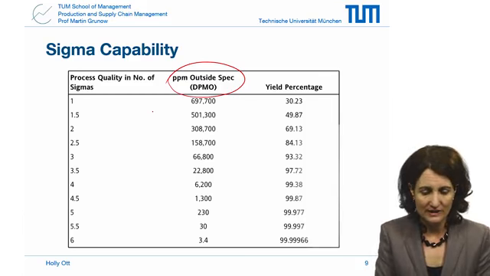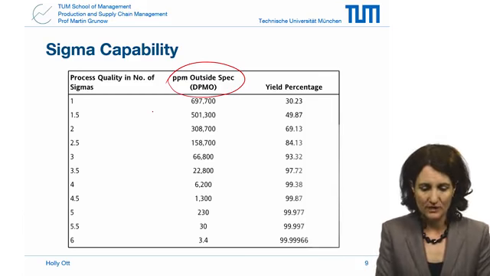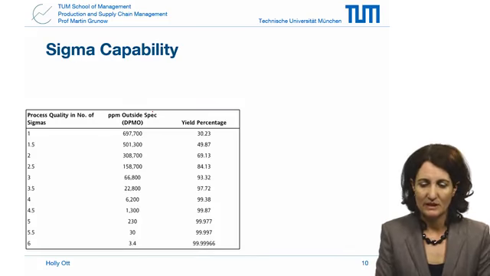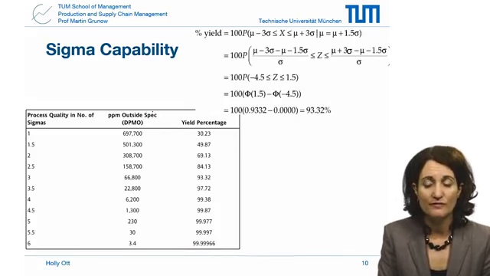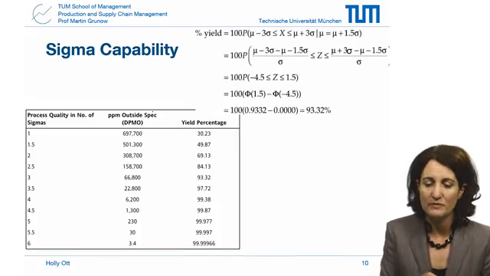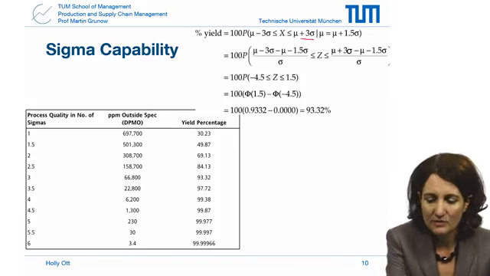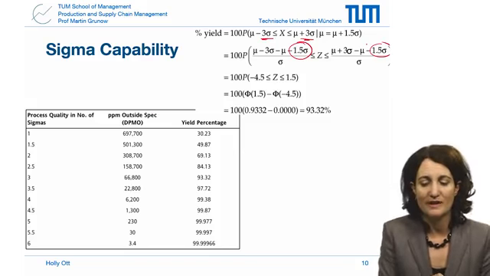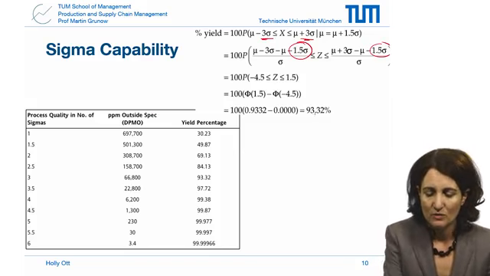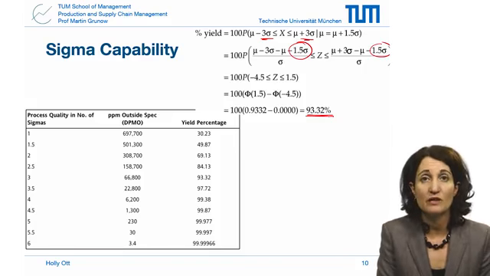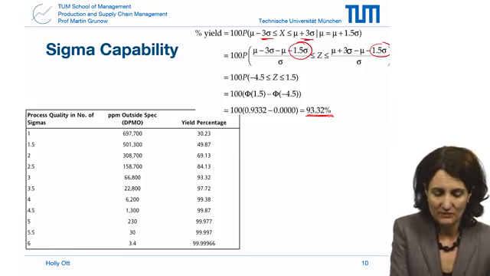And here what we can see then for a 3 sigma process, if we perform the calculation, which again you don't have to do because this is tabulated for you, for a plus or minus 3 sigma process allowing for the 1.5 sigma shift, we end up with 93.32% of our product within specification.